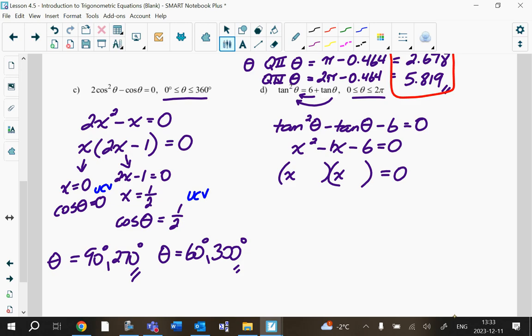Two numbers that add up to -1 and multiply to -6. -3, +2.